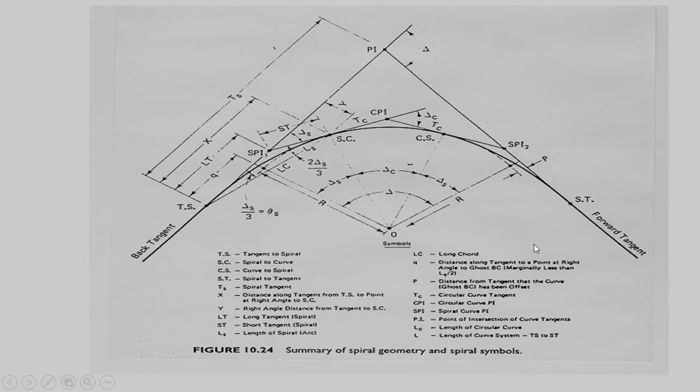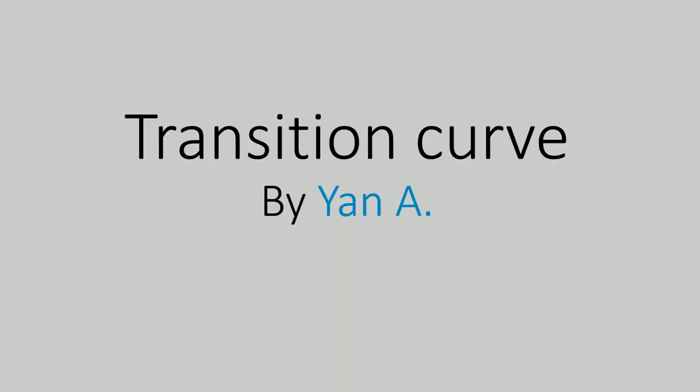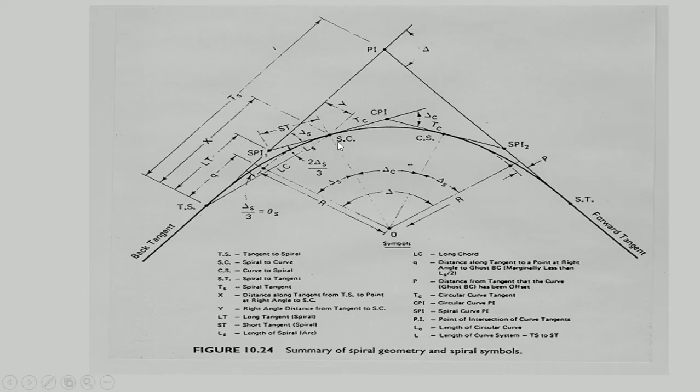So let's first show what transition curve means. This is the beginning of the transition curve, which is TS, and the end is CS, the end of the horizontal curve.